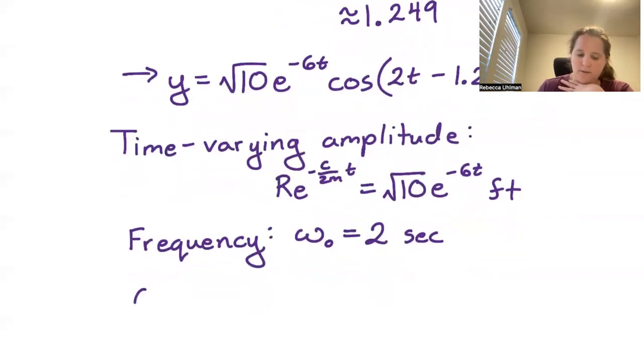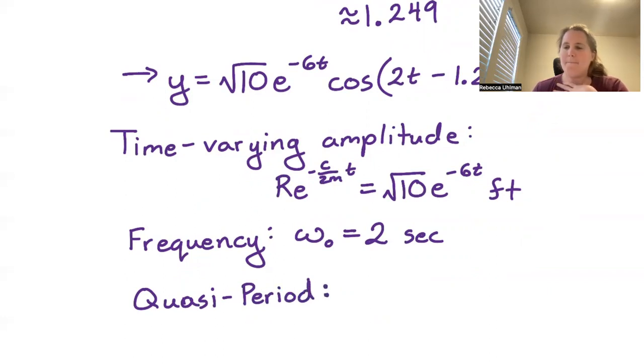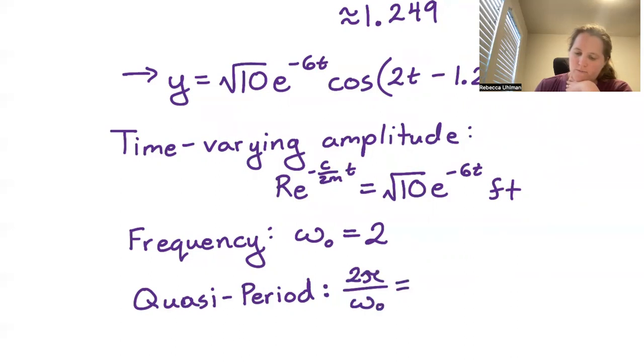And then our quasi period, sorry, our quasi period is 2 pi over omega naught, or 2 pi over 2, or just pi.